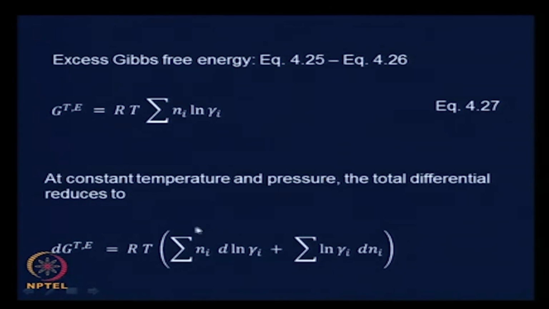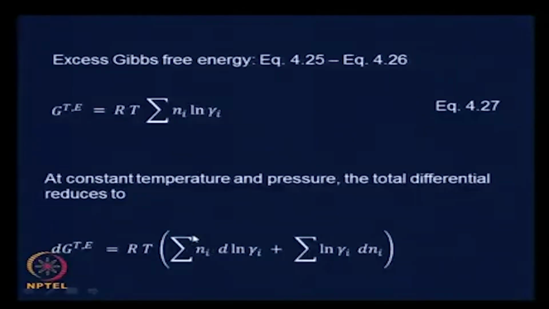Then we went through an interesting derivation, an interesting proof, where we started from the very fundamental Gibbs-Duhem equation, and pretty much without any assumptions, we actually showed that for any case, the sum over Ni d ln gamma i goes to 0.